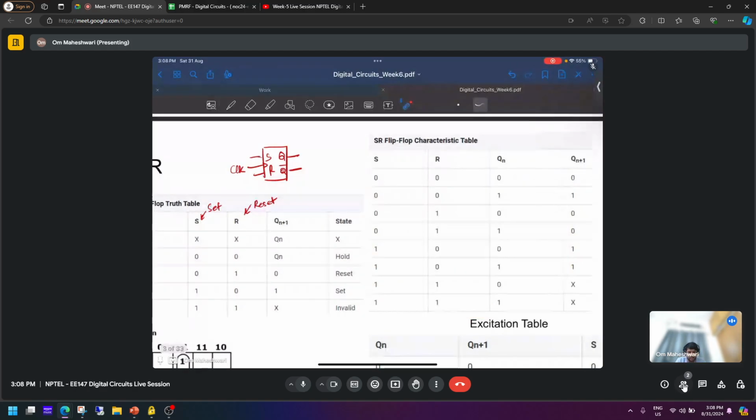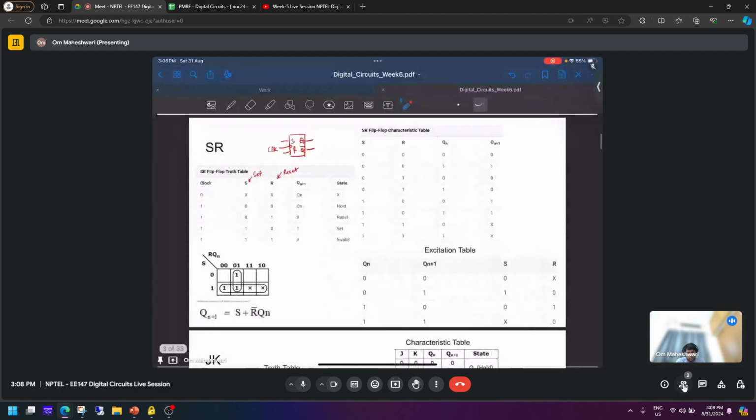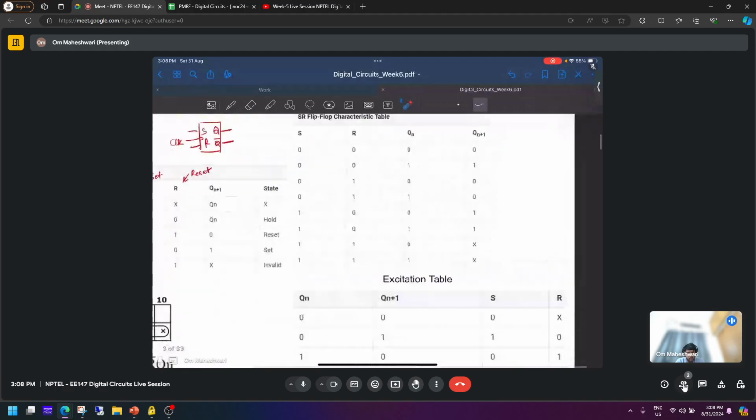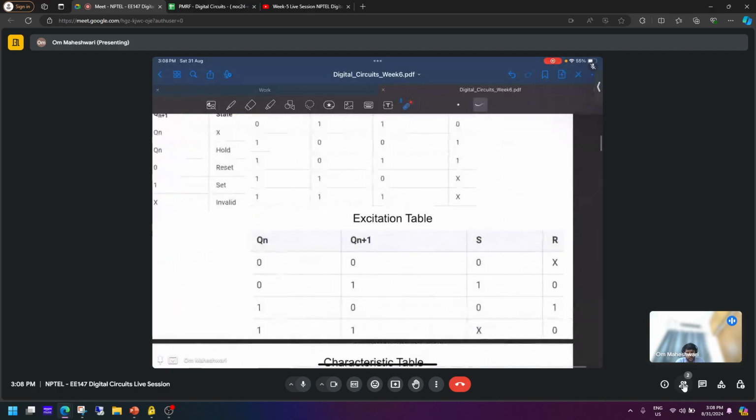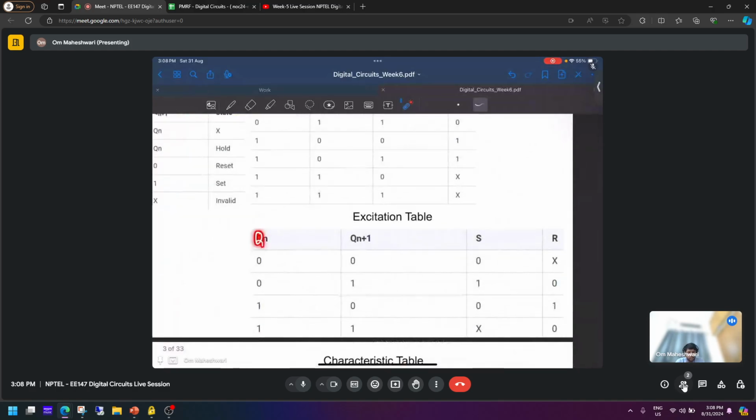The third thing that we have is called an excitation table. The excitation table is almost a rearrangement of this table. In the excitation table, we write inputs in terms of the outputs. So the inputs are given the previous output and the current or next output: 0, 0; 0, 1; 1, 0; 1, 1.